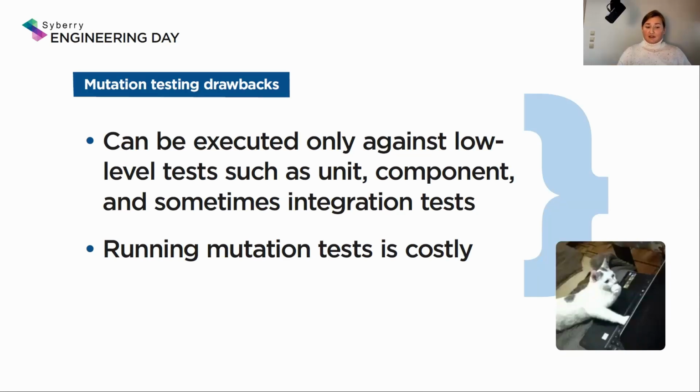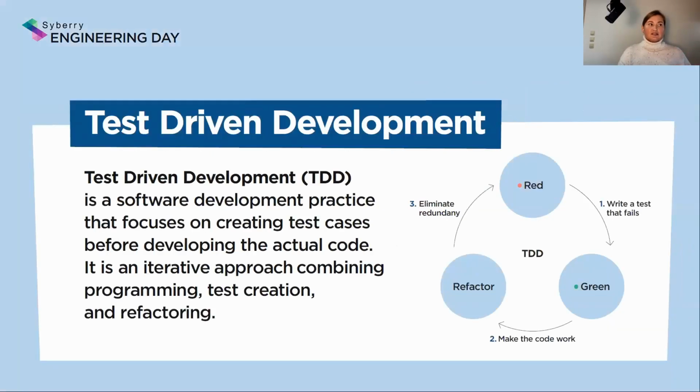And the second drawback can actually be mitigated with the help of another tool which could help us to ensure the quality of our tests. And this is test-driven development. Test-driven development is a software development practice where we first create a test that fails, then we write code so that the test passes, and then we refactor.